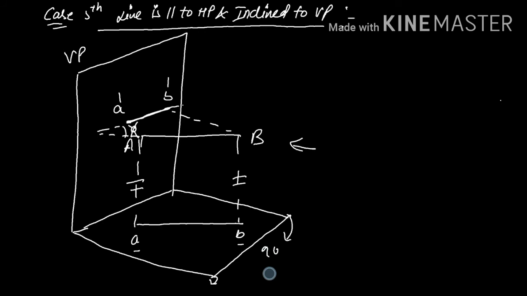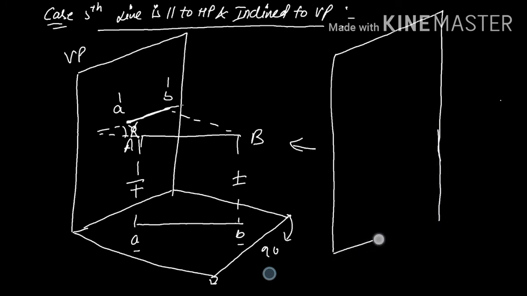After rotation of the plane by 90 degrees, both HP and VP will align; HP will align itself along the VP. Okay, so this is my VP in the first quadrant, this is my HP, this was the intersection line.